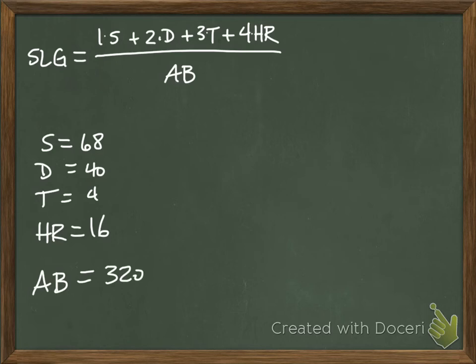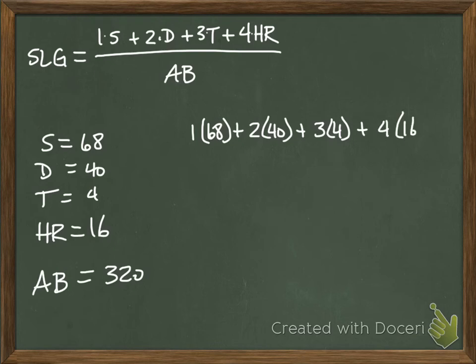So to plug that in, I would go 1 times 68 plus 2 times 40 plus 3 times 4 plus 4 times 16. And all of that gets divided by 320.